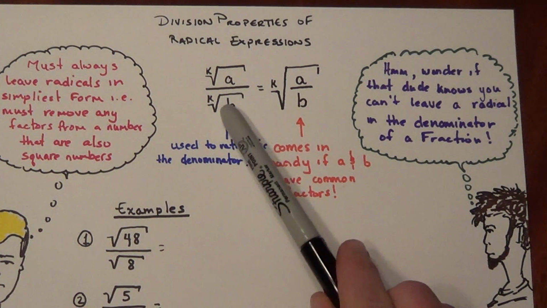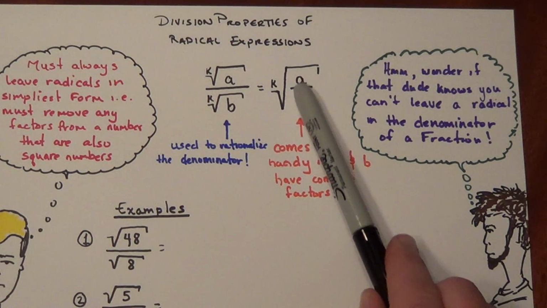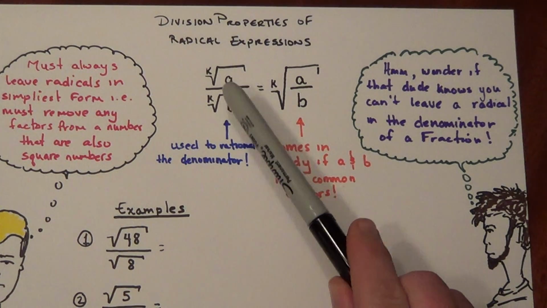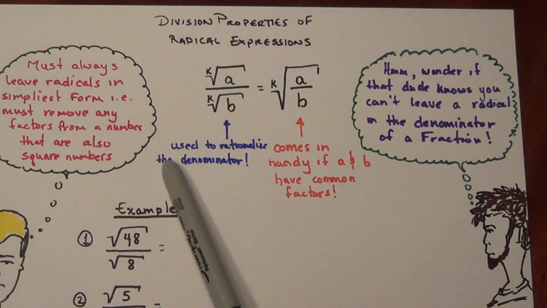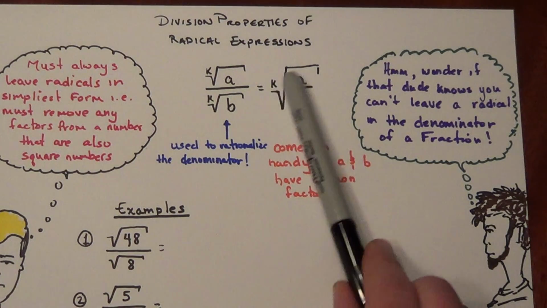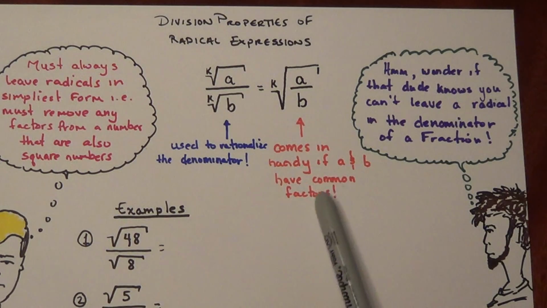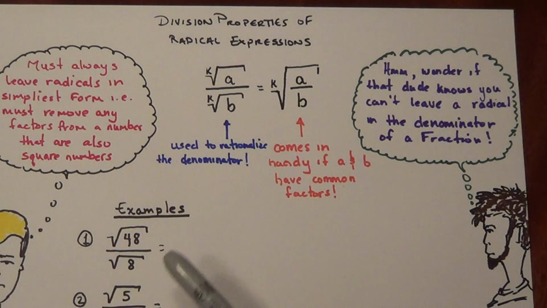Well, the point of this is to show that if you're dividing two terms, you can write it into this form. And the reason we want this form is because it's basically used to rationalize the denominator. This form comes in handy if A and B have common factors. And if they have common factors, then we can obviously reduce them.